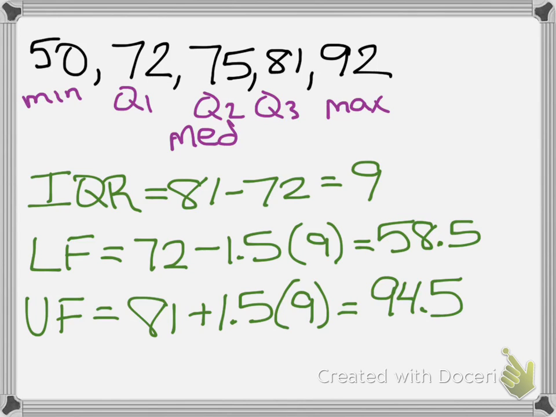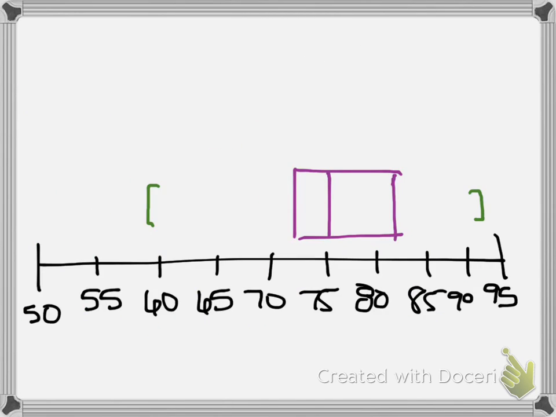And the answer is yes. 50, this number right here, is going to be smaller than this bracket. So therefore, 50 is an outlier, and he gets labeled as a star because he's an outlier and he's fancy.